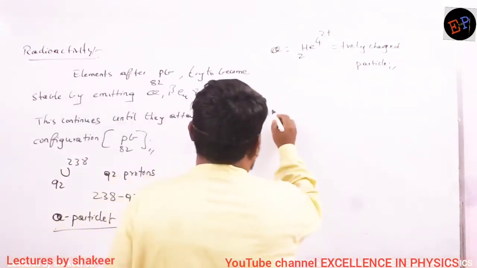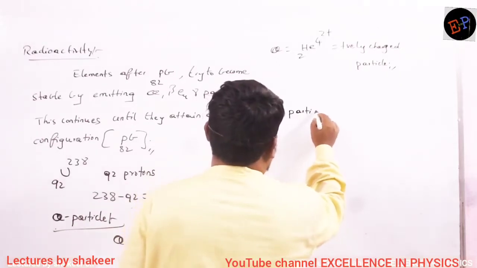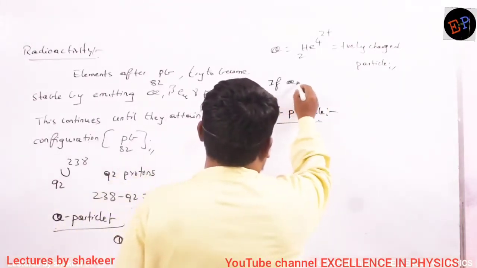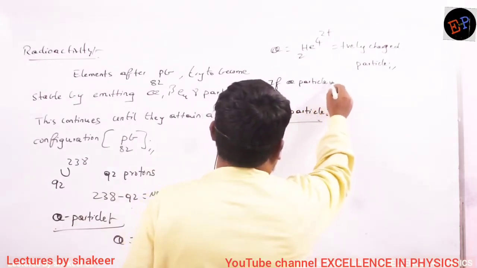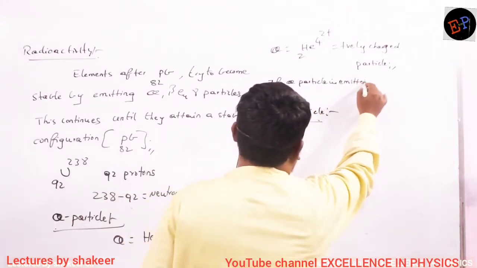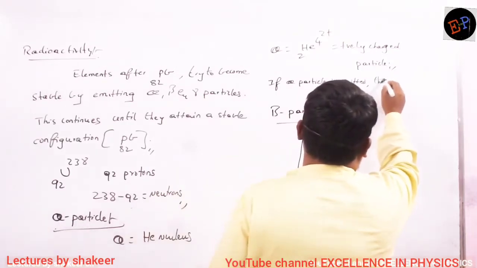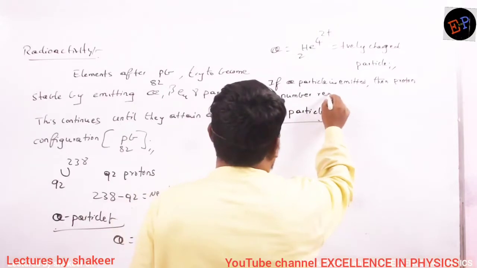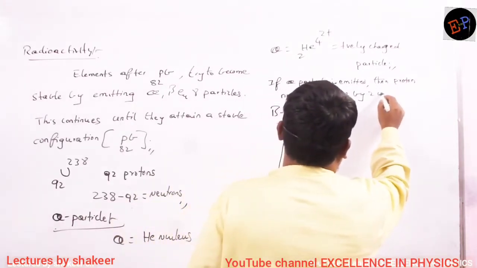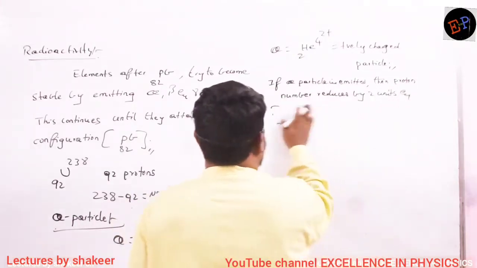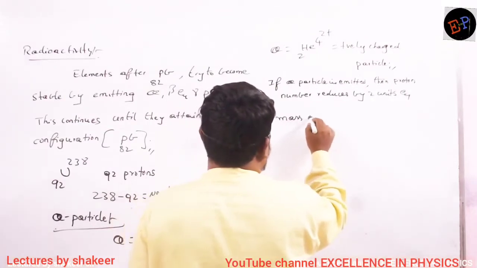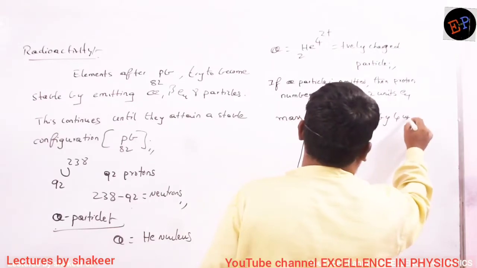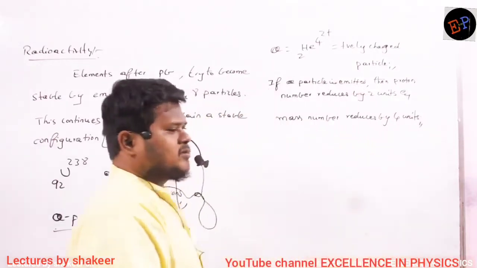Okay, then I will study about the beta particle. And one more property of the alpha particle is, if an alpha particle is emitted, clear, ma? Then proton number reduces by 2 units and mass number reduces by 4 units. Okay, ma? So this is one point which you should remember.